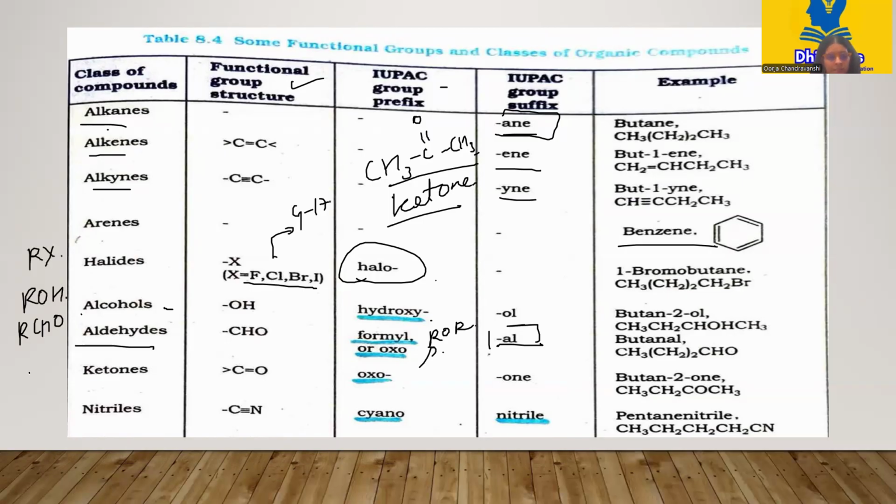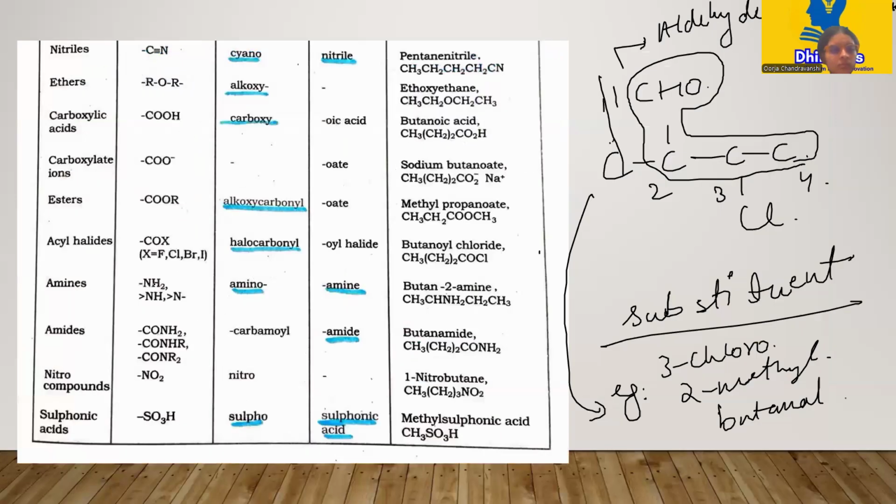Halides are RX. This is RCOR, like I already said. Nitriles are RCN. Ethers are ROR. Then this can be RCOOH, RCOO minus, RCOOR. Amines are RNH2, R2NH, and R3N, and so on.